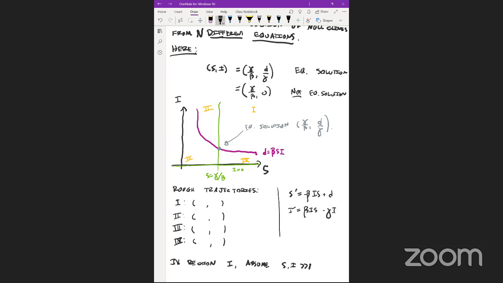Then what is the sign of S going to be and what's the sign of I going to be? Well, if S and I are both very large, then S times I is going to be very large. D is a constant. So we're going to have minus something large plus a constant. Okay, eventually it's going to be negative, right? A negative thing that we can make arbitrarily large plus a finite constant is eventually going to be negative.